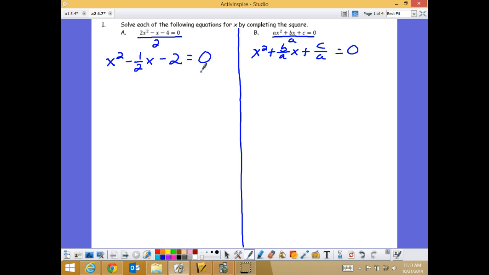That's what we did yesterday, so we're going to do the same thing today. We're going to clear the constant, and we move this 2 over here by adding 2 to both sides. Over here, the constant is the c over a, so we're going to move that to the other side by subtracting c over a. So we're going to end up with x squared plus b over a x equals negative c over a.